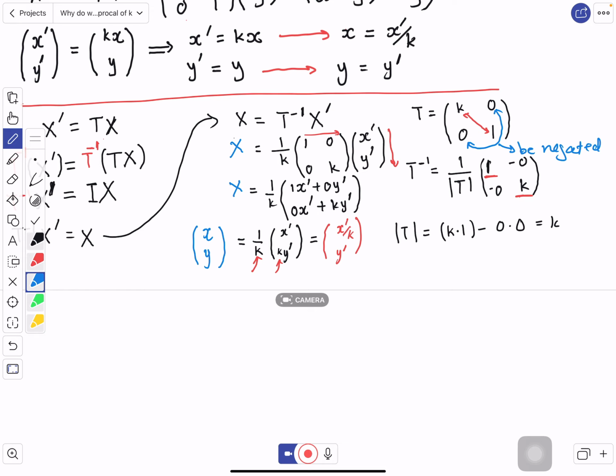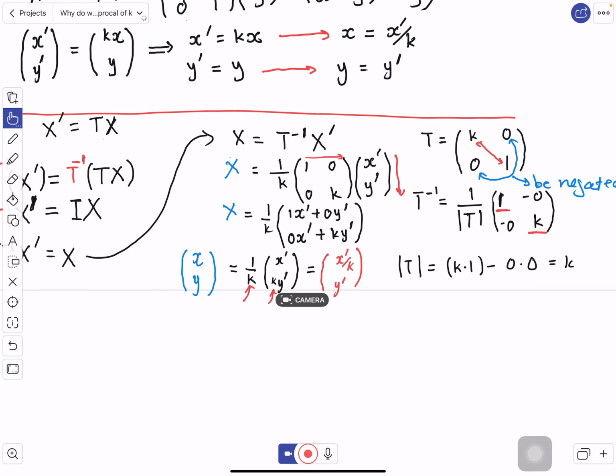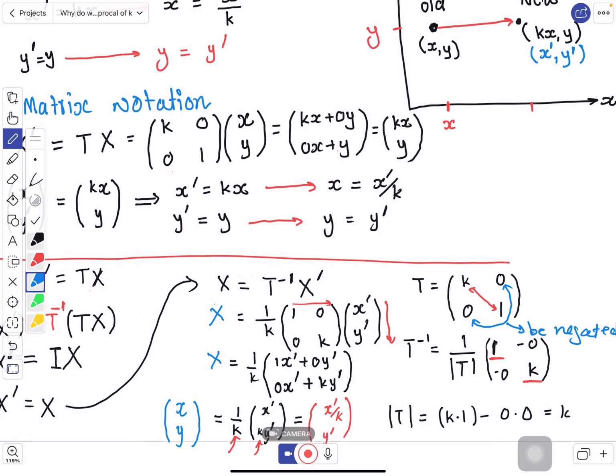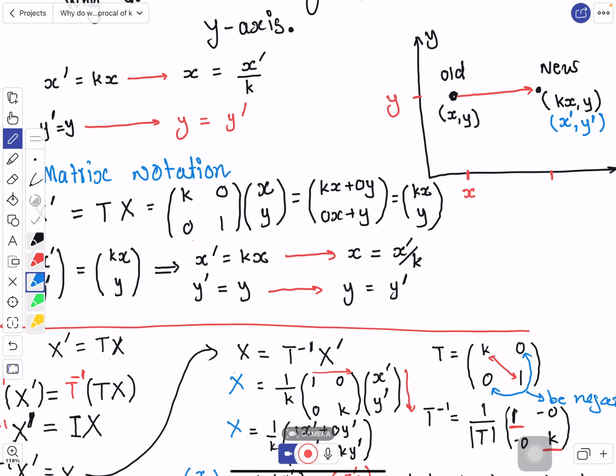So as we can see, x equals x dash over k, y equals y dash over k, and we also get that same solution over there, and the same result here.